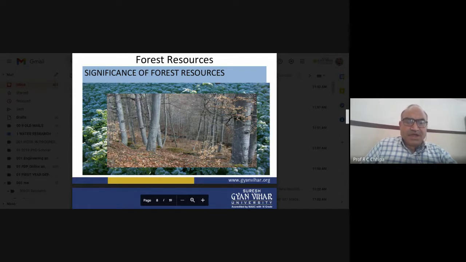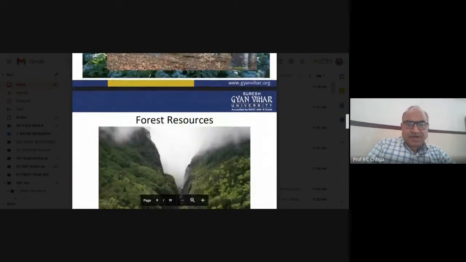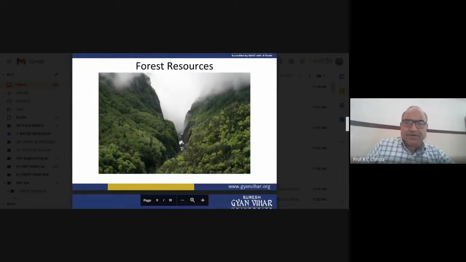So the forest resources are very relevant to natural relief. What is the major significance of the forest? The most important one is the climatic concern. Let's look at another picture: what a beautiful forest area in the hilly region.